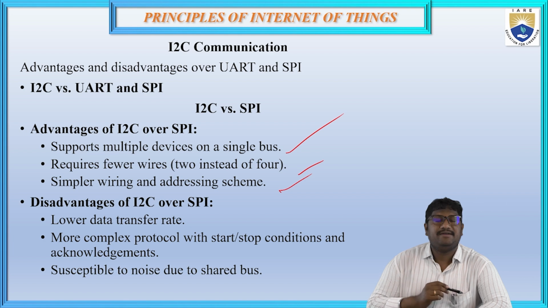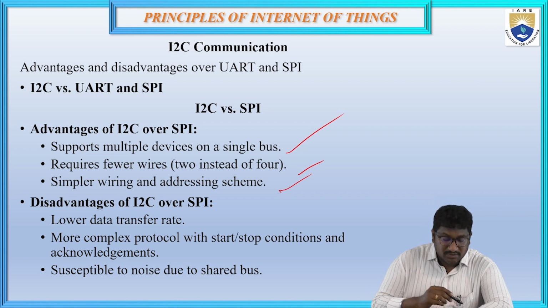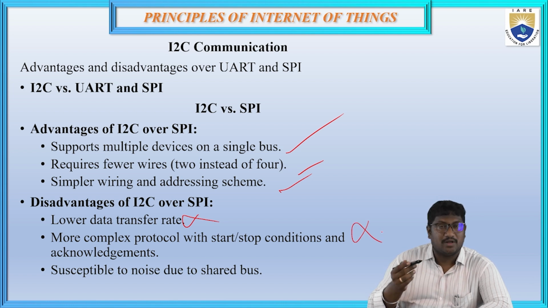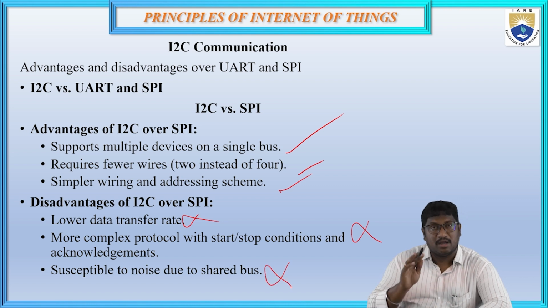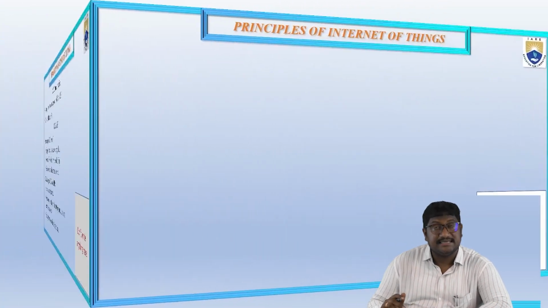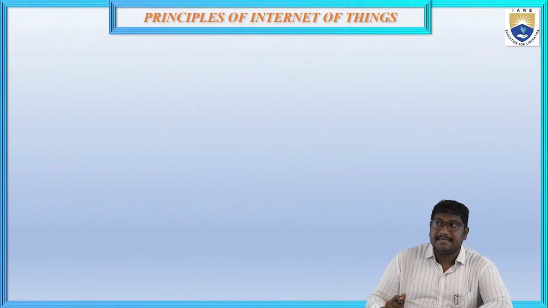These are the advantages we are getting. And coming to the disadvantages, we have low data transfer, and with start and stop conditions and acknowledgement, we require a little bit more protocol overhead, and it is susceptible to noise due to the shared bus. The bus is shared, right? So there is a chance of noise. This is how things are over UART and SPI.